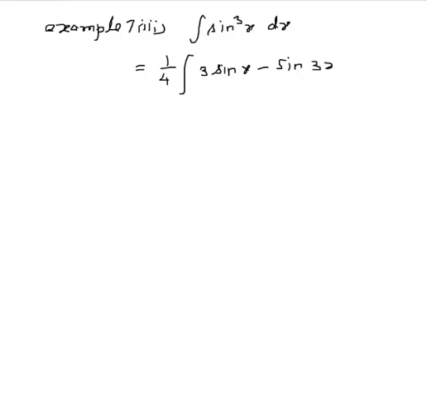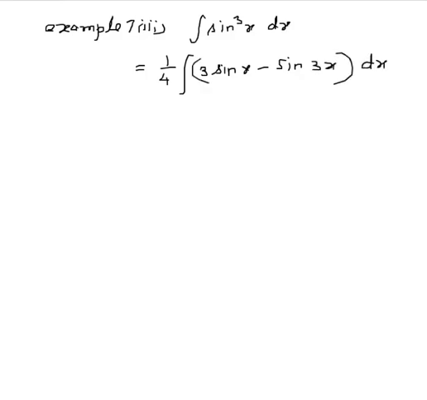Let us do example 7, the third subdivision. Integral sine cube x dx. Let me use the identity. For cube function, the identity method is easier. Sine cube x is 1 by 4 times 3 sine x minus sine 3x, into dx.